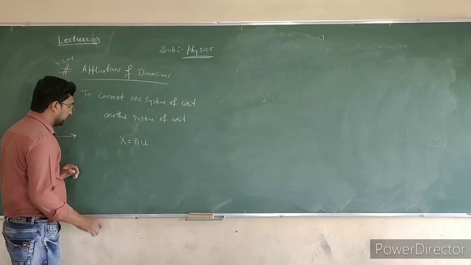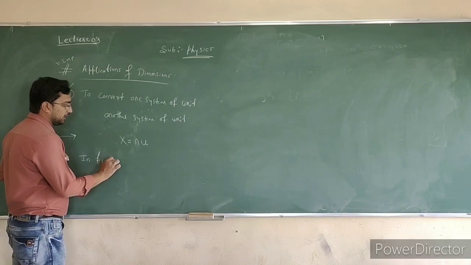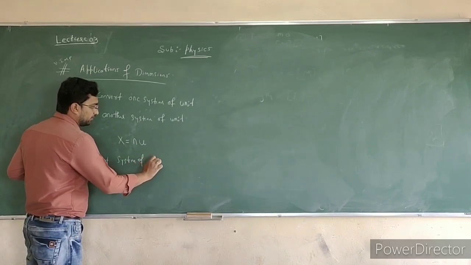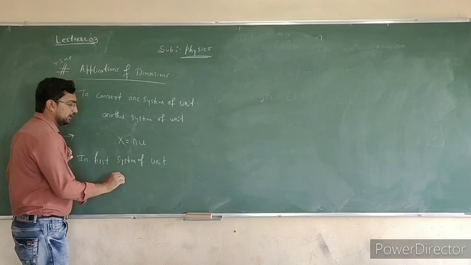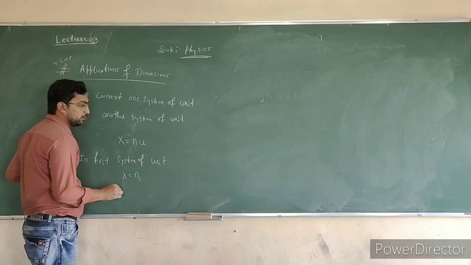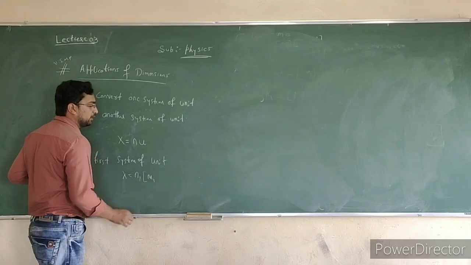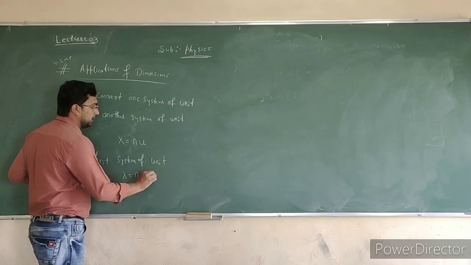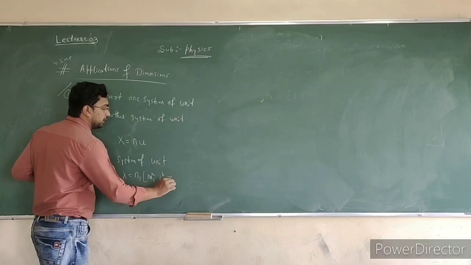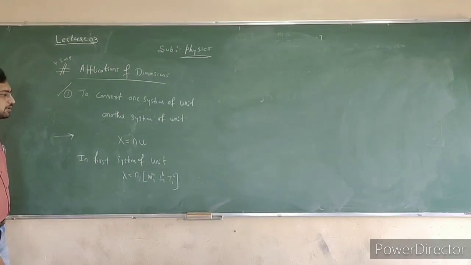In the first system of unit, x is equal to n1 times the unit. The unit can be expressed in terms of dimension, so this value is M1 to the power a, L1 to the power b, and T1 to the power c.